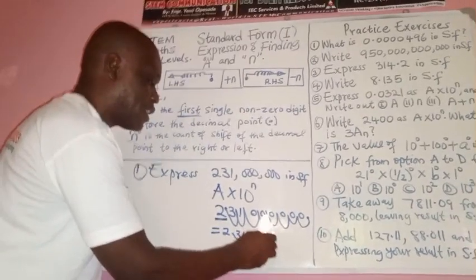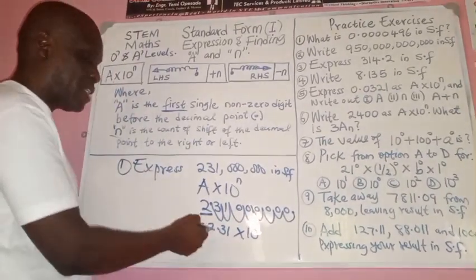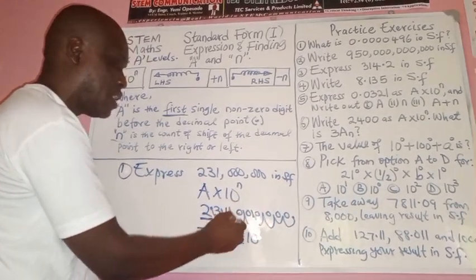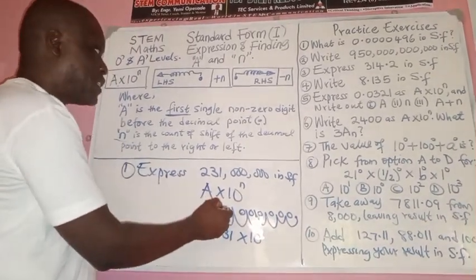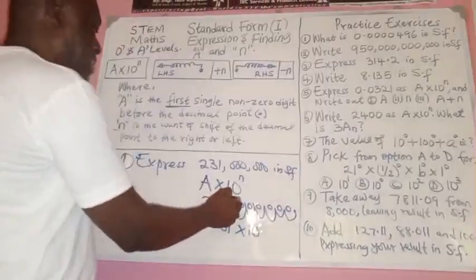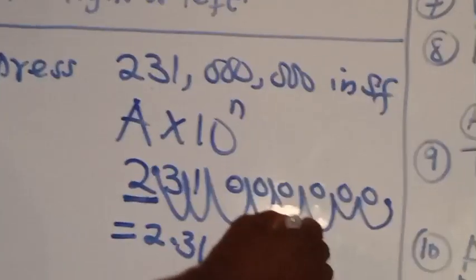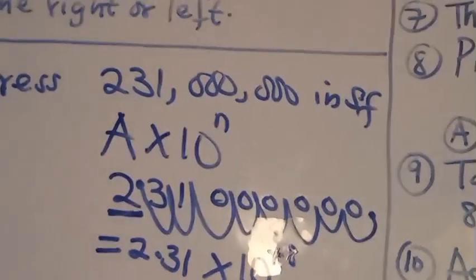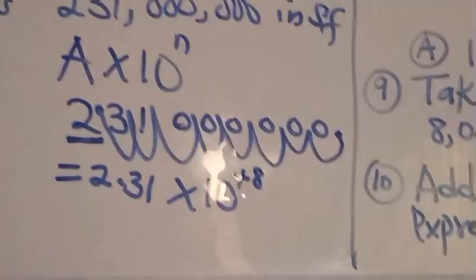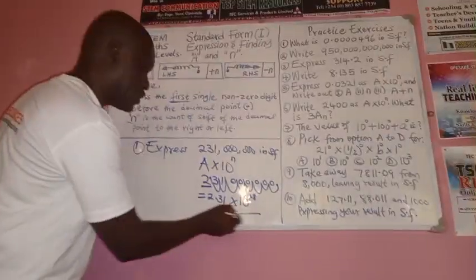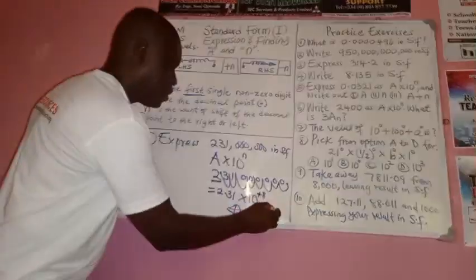Times 10 raised to power, how many places have you shifted this? 1, 2, 3, 4, 5, 6, 7, 8. I'm shifting it towards the left hand side. That means n is plus. That will be 10 raised to power plus 8. Do you see that? I'm shifting towards this direction. That's why it's positive. Plus n.